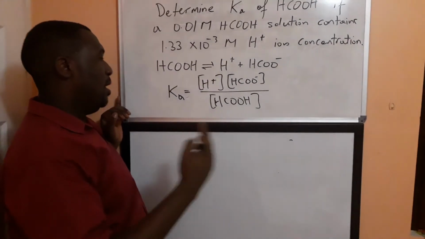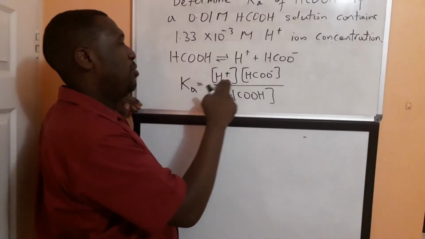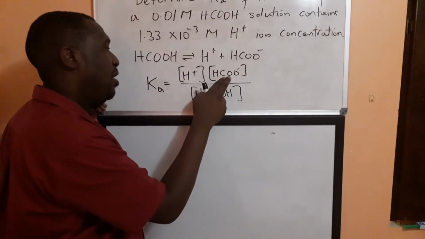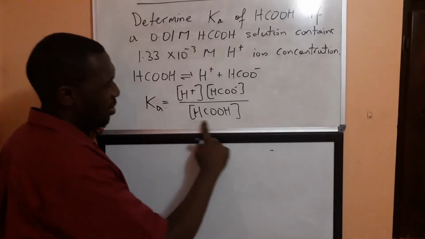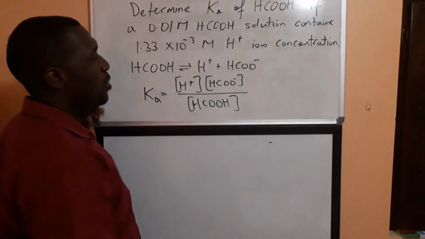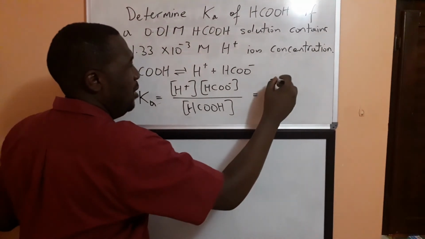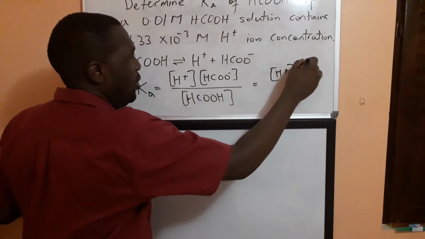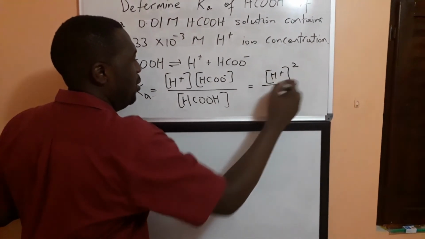Now, if we make the assumption that H plus ion concentration is equal to the methanoate ion concentration and that the methanoic acid concentration is constant, we can rewrite that to mean H plus concentration squared over HCOOH.